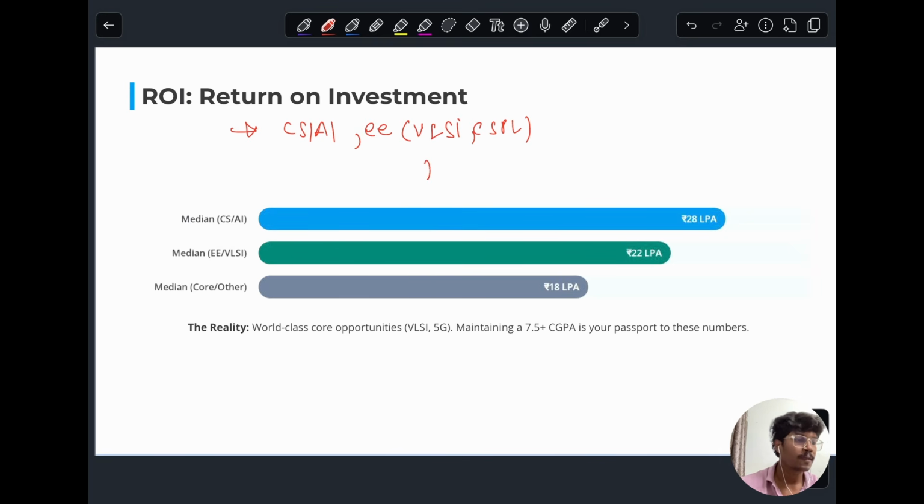I am not quoting any data; the data here is not quoted by the college. It is my personal information, my personal experience. So you can expect to receive around this data.